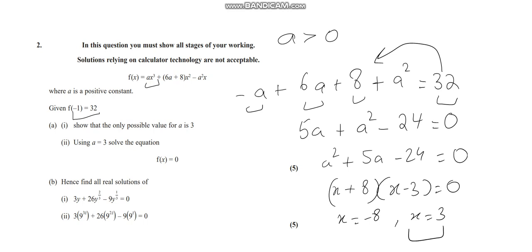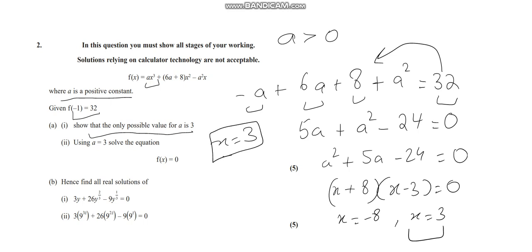The question says show that the only possible value for a is 3, but we have two values. If you remember, they said that a is a positive constant, so between these two values, a equal to 3 is the only positive value. So we choose a is equal to 3, and that will be our final answer.